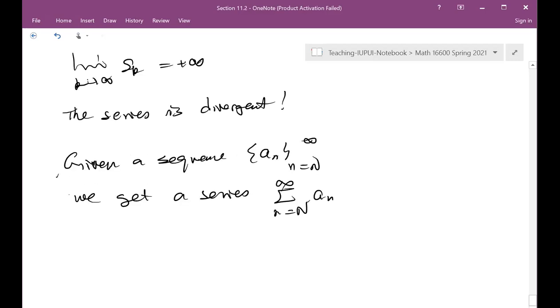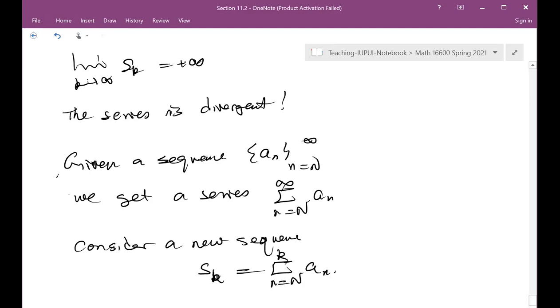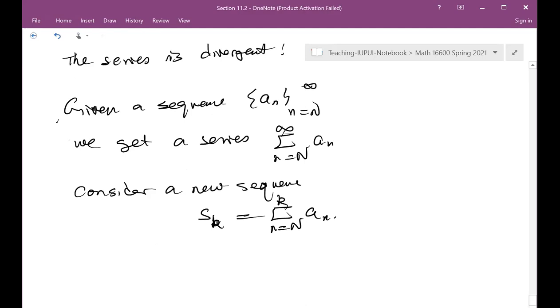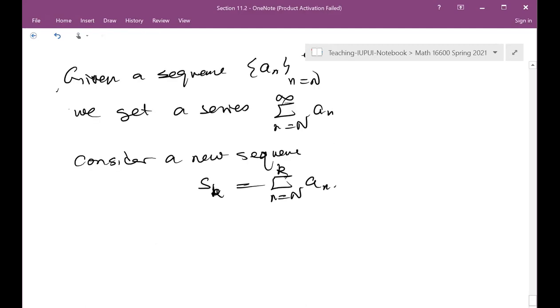In order to check whether this series is convergent or divergent, we consider a new sequence, s_k. If this new sequence is convergent, then we say this series is convergent.